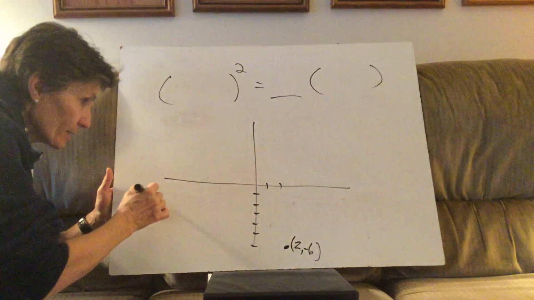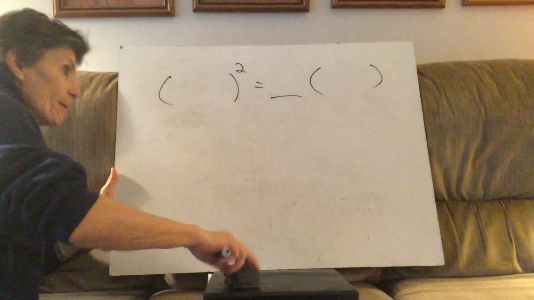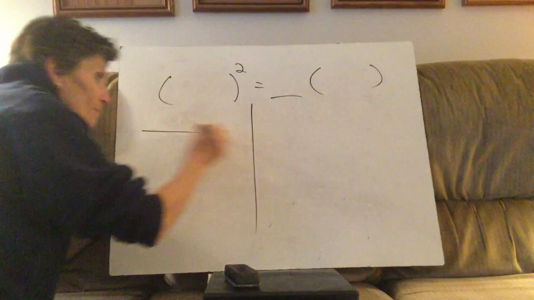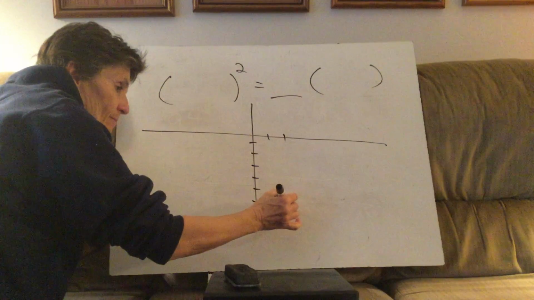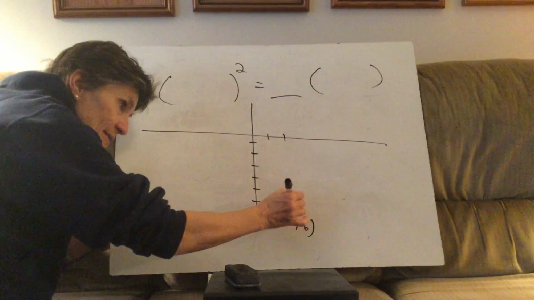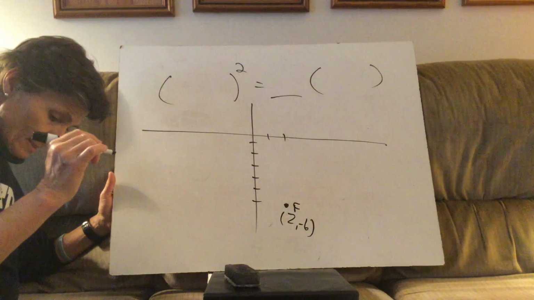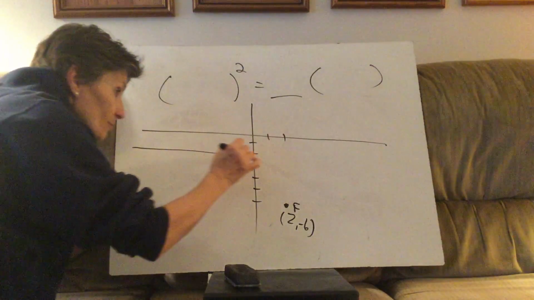And the directrix, actually, I'm going to redraw this up a little higher because everything's happening down below there. So (2, -6). And that's the focus now. That is not the vertex. That is the focus. And the directrix is y equals -2.